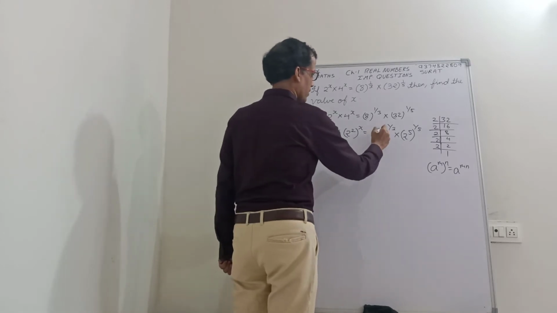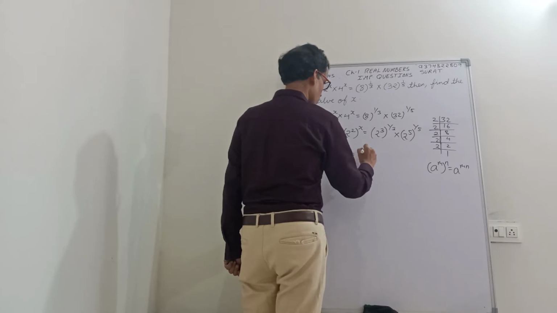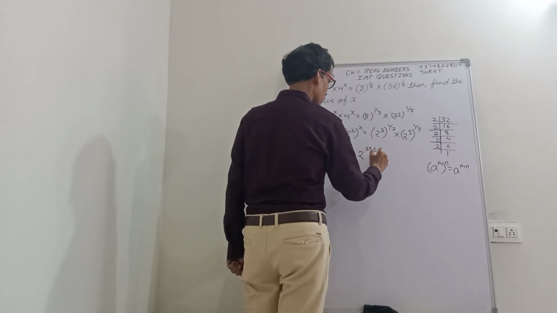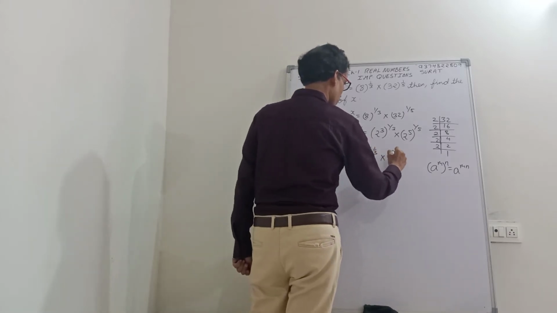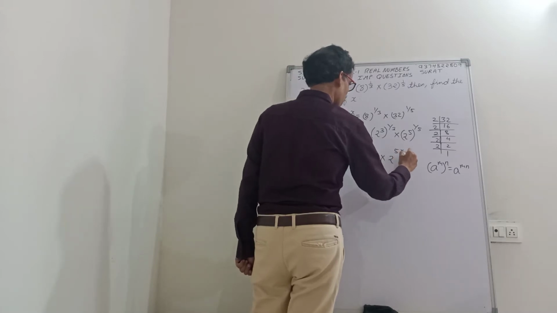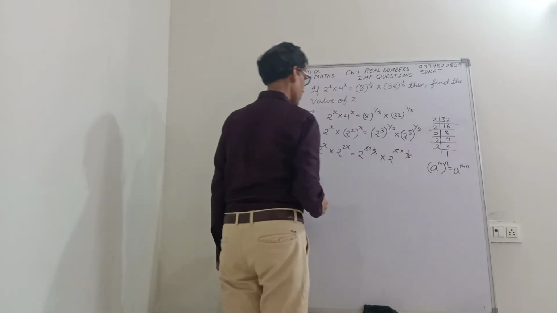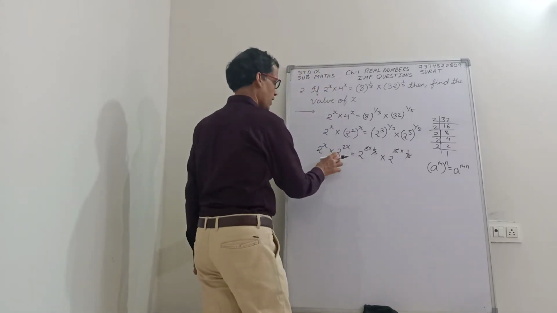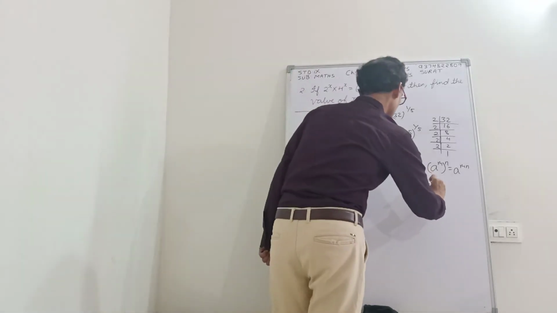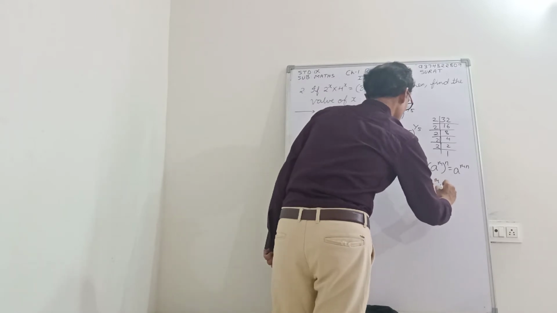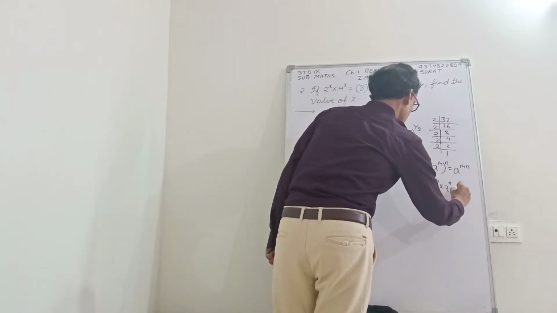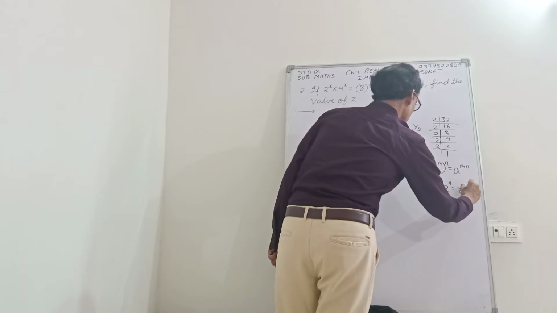Again here 3 into 1 by 3 is 1, and 5 into 1 by 5 is 1. Here we use the formula 2 power m into 2 power n equals 2 power m plus n.